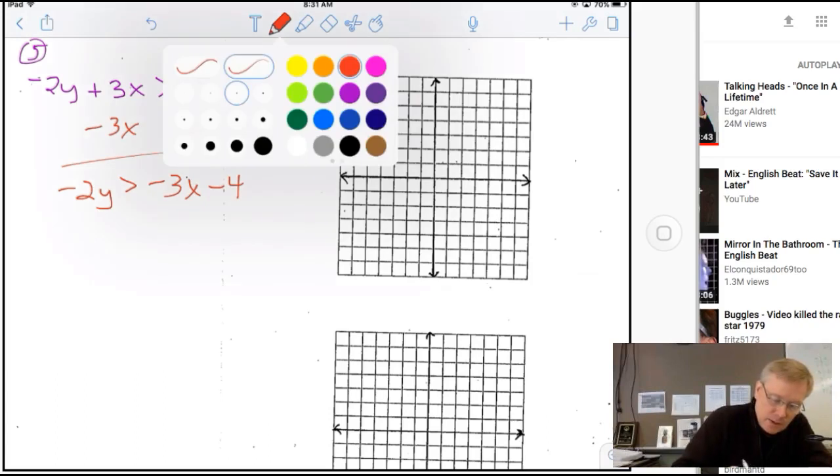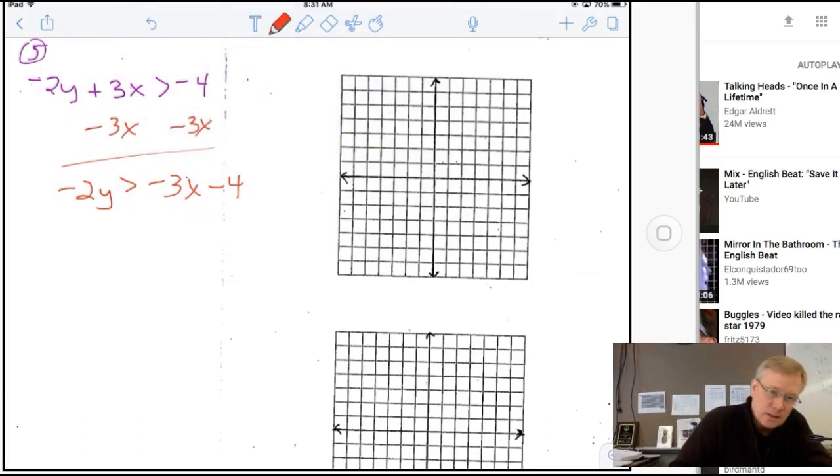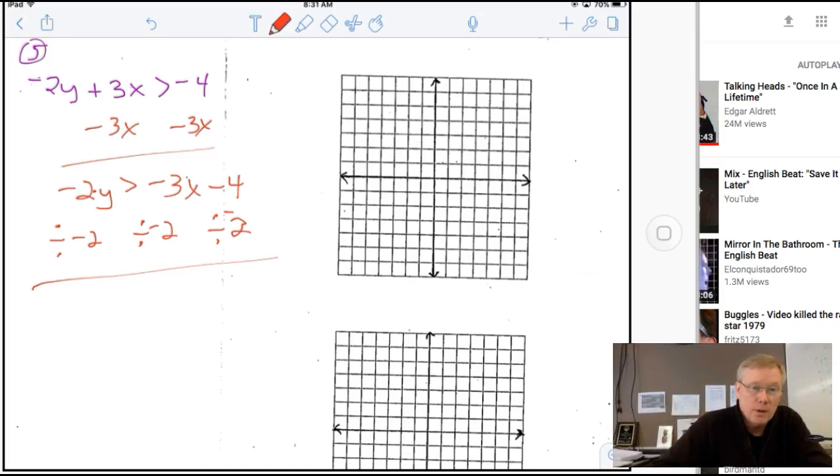All right, now my next step is get rid of that -2. Now that's connected by multiplication. There's always multiplication implied there if there's nothing written between the variable and the number. So I'm going to divide everything by -2. Now, I know it's been a while, but when you divide an inequality by a negative number, you got to flip the sign, flip the arrow the other direction.